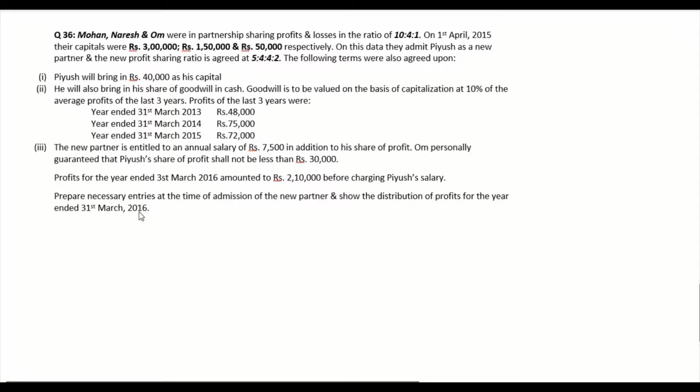Okay, so we will break down the question to understand better. We have three partners, Mohan, Naresh, Om, and their profit sharing ratio is 10:4:1. Also, the question mentions their capital contribution.